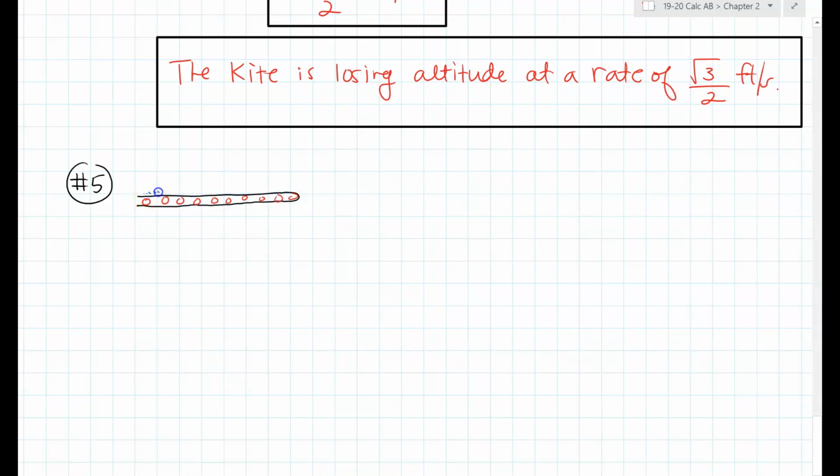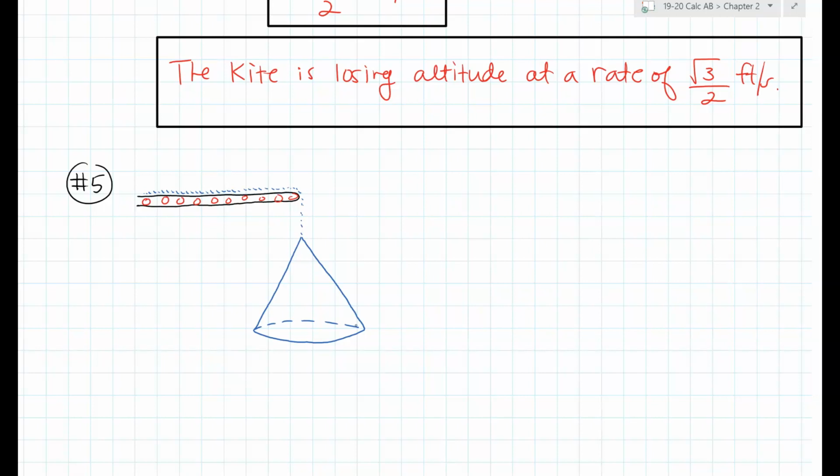And that sand is dumping itself off on the ground, and it's creating a cone.